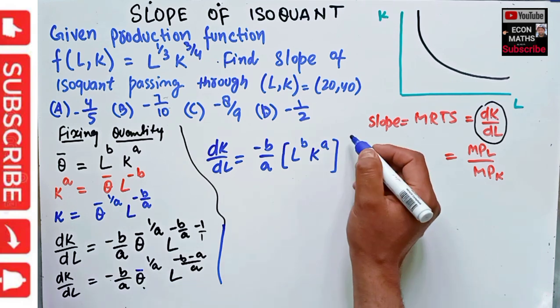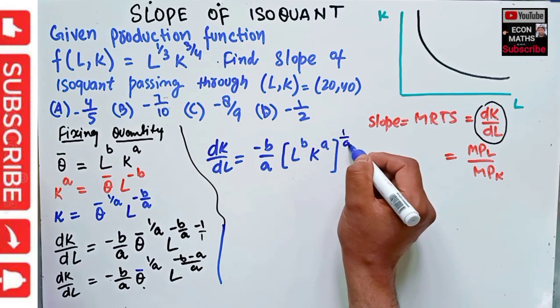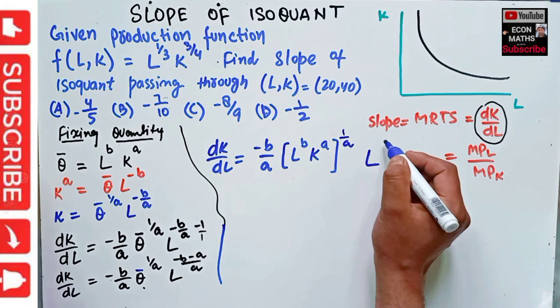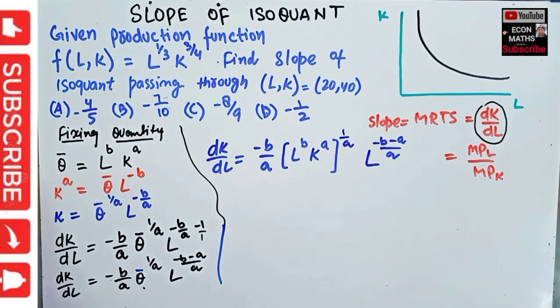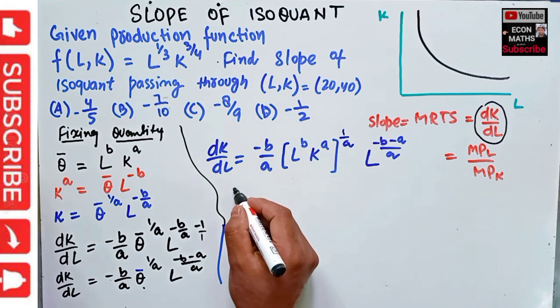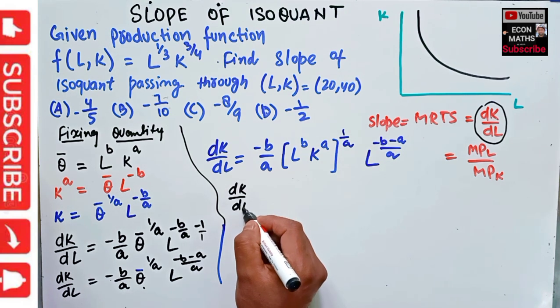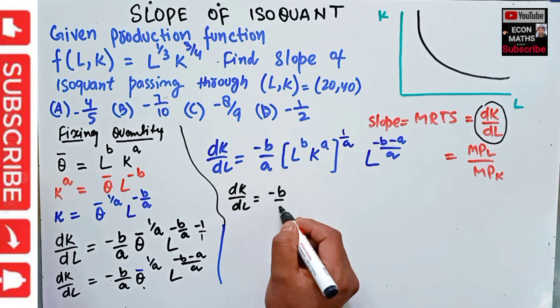So we have 1 upon a, L to the power minus b minus a divided by a, which implies dk upon dl will be equal to minus b upon a.